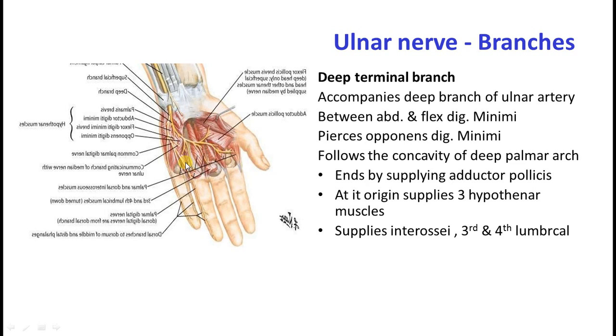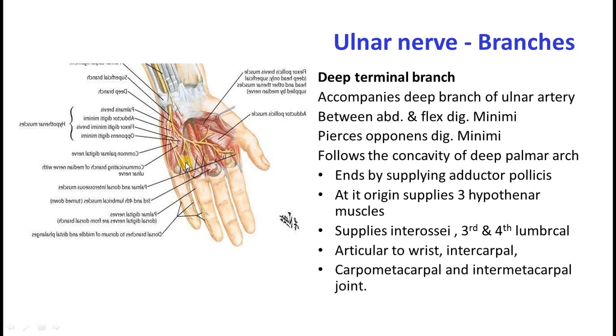Most of the intrinsic muscles except the first 2 lumbricals and the 3 thenar muscles, all the remaining muscles in the hand are supplied by the ulnar nerve. And it also gives articular branches to the wrist joint, intercarpal, metacarpophalangeal and carpometacarpal joints.